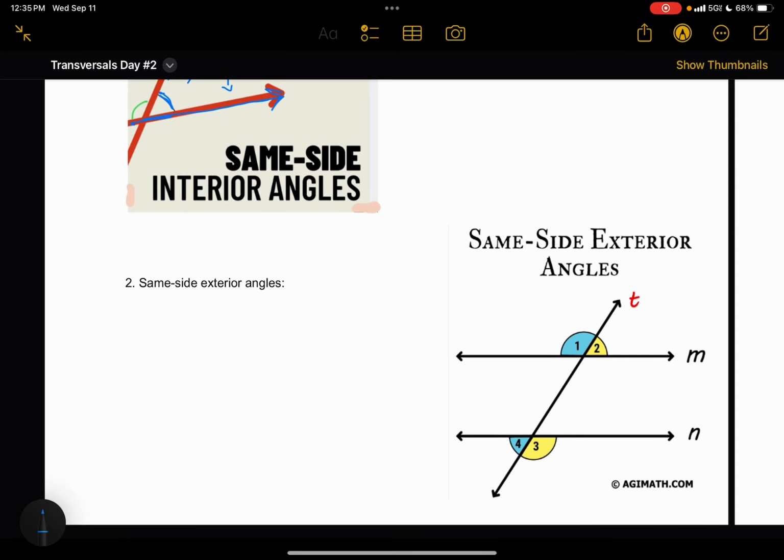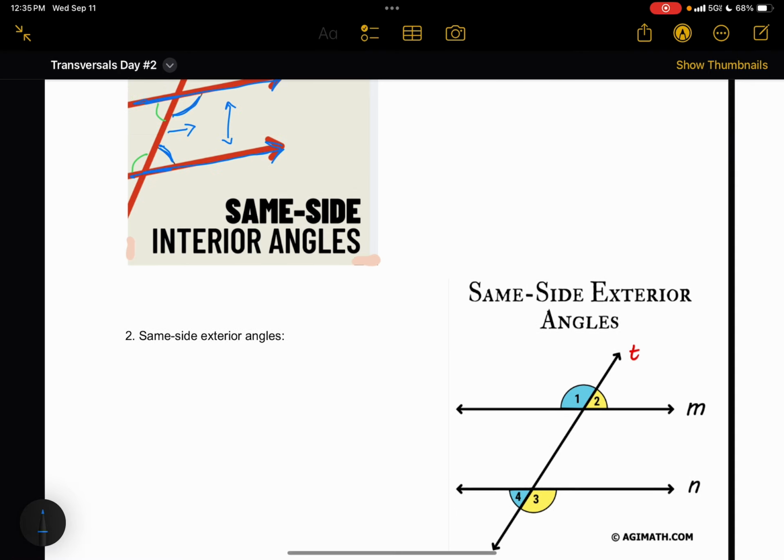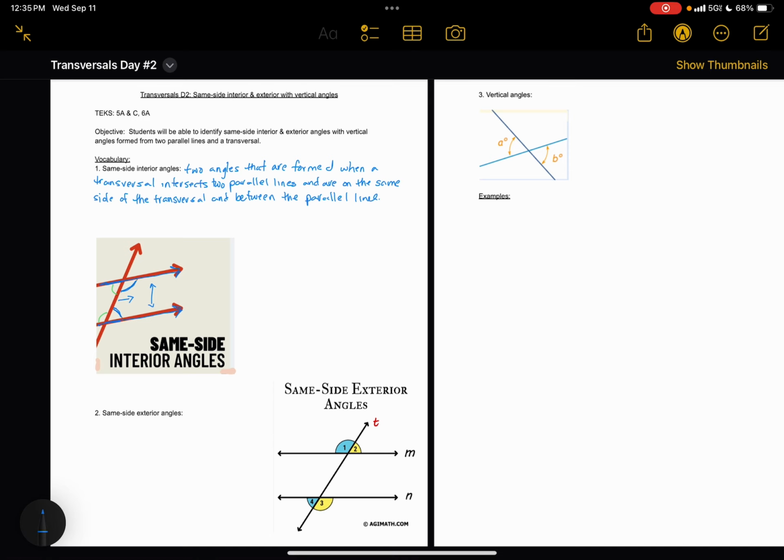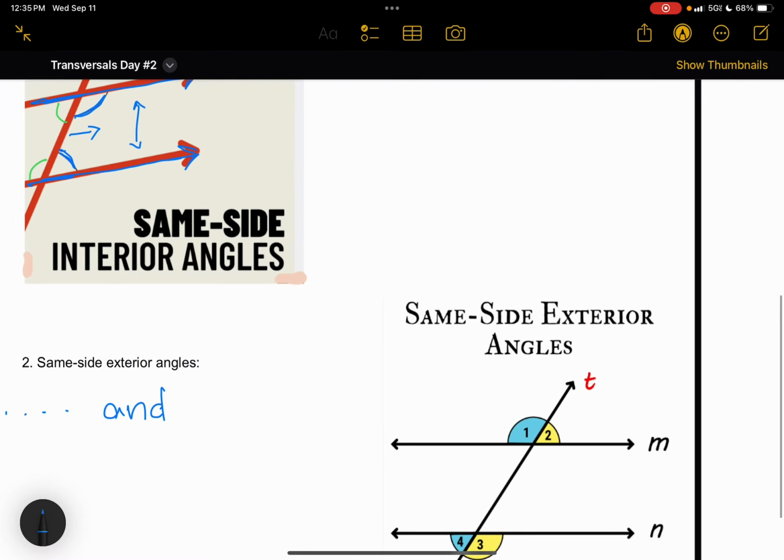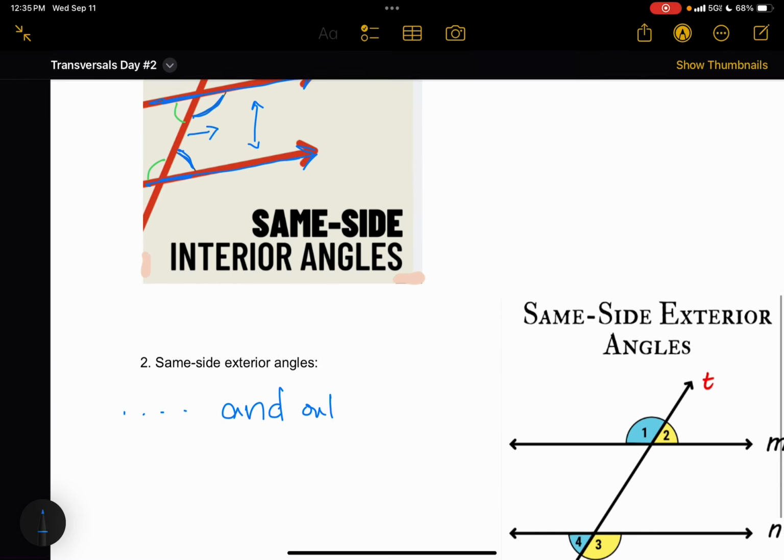Same thing with the exterior. So we're saying all of the same stuff up here that we said, right? Two angles that are formed when a transversal intersects two parallel lines and are on the same side of the transversal. And this time we are saying outside the parallel lines.